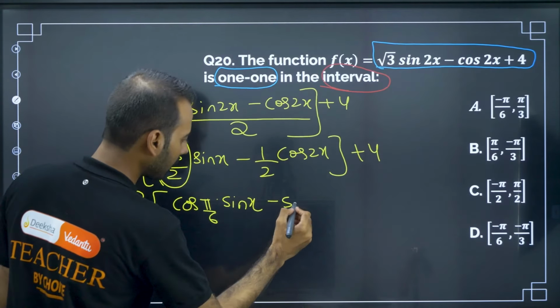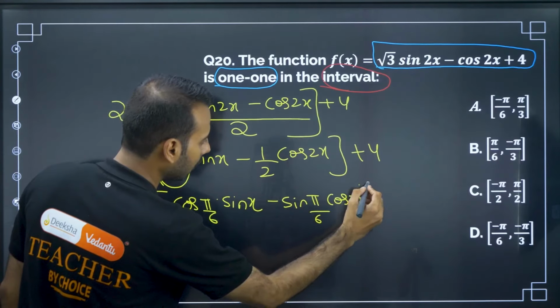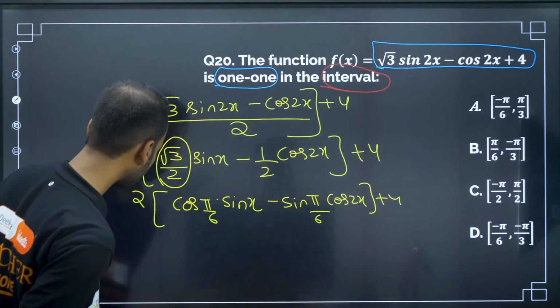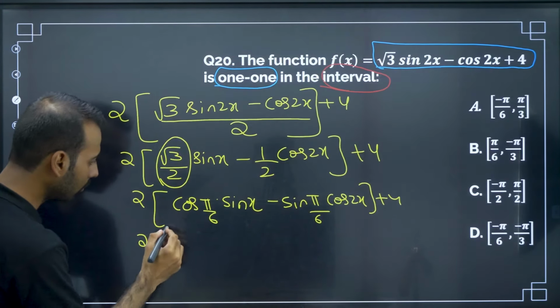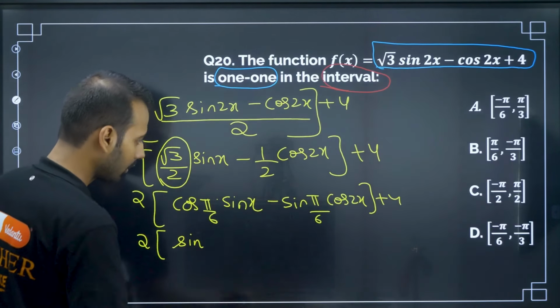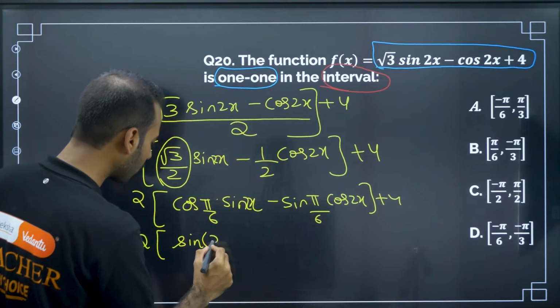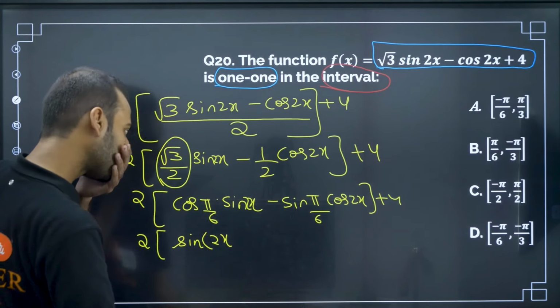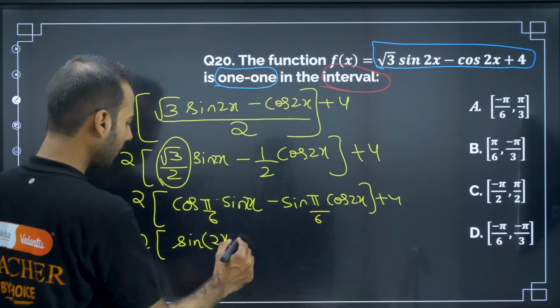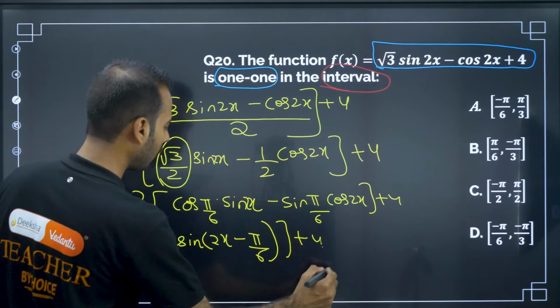This can be written as 2 times sine 2x cos pi by 6 minus cos 2x sine pi by 6, so this becomes 2 sine of 2x minus pi by 6, plus 4 as it is.